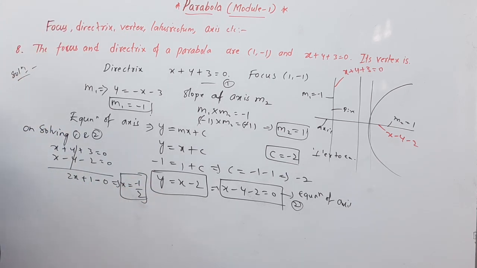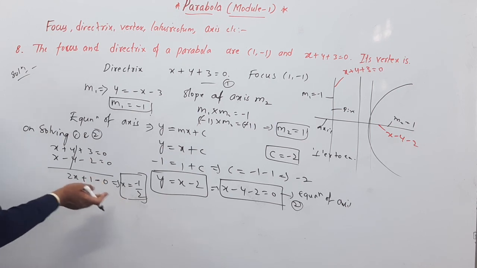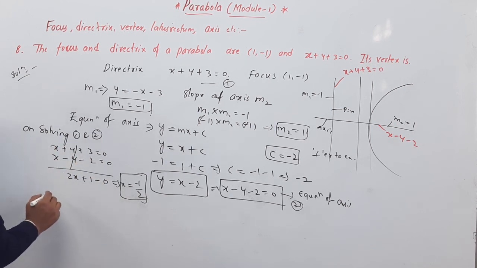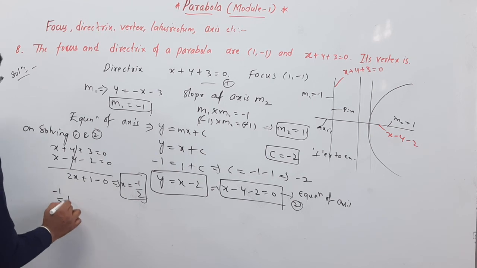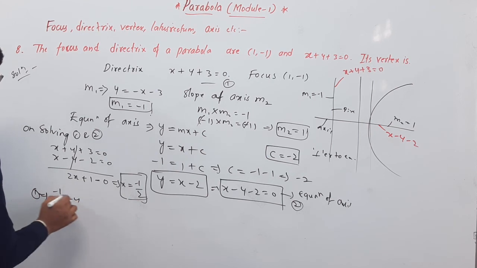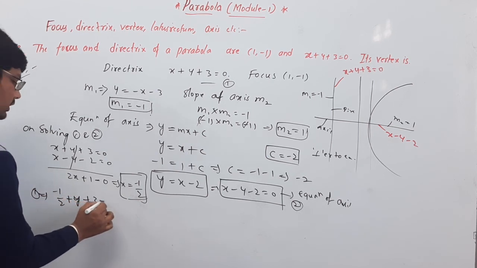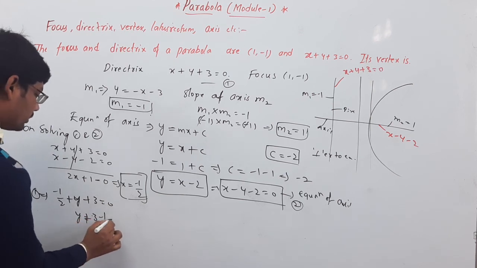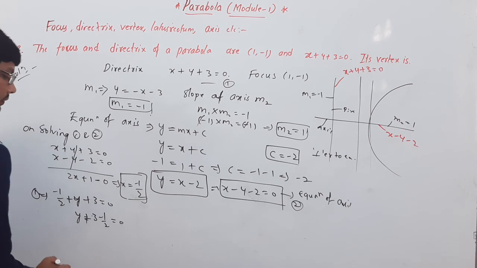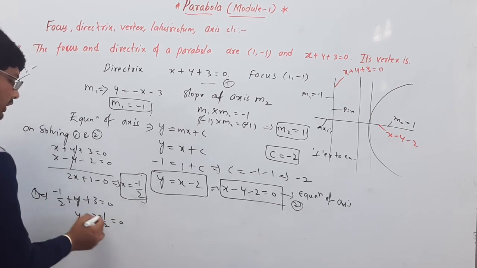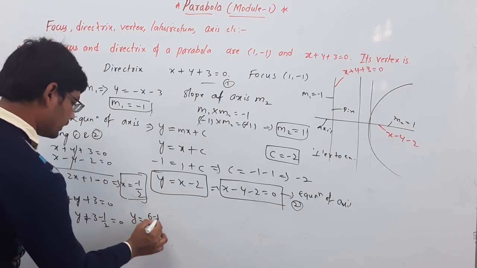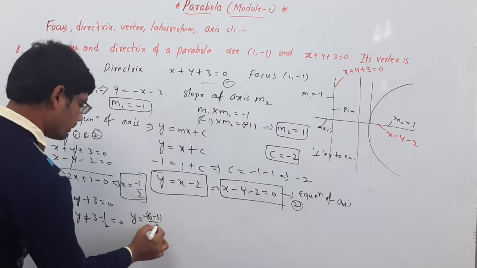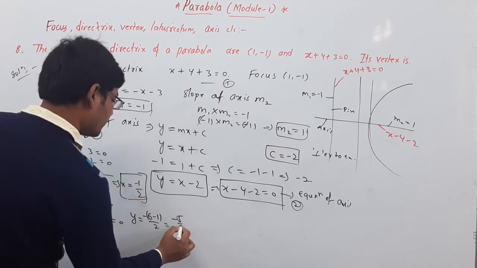Here we got the x value, and let's substitute the x value in equation 1 to get the y value. So minus 1 by 2 plus y plus 3 is equal to 0. y plus 3 minus 1 by 2 is equal to 0. If you take the LCM, y is equal to minus 6 minus 1 by 2, that is equal to minus 5 by 2.